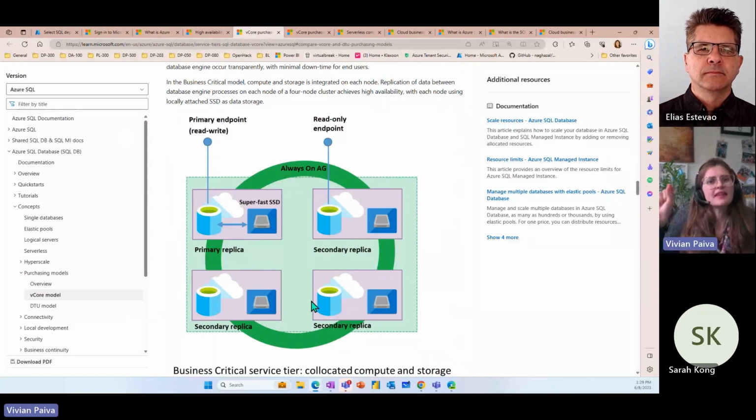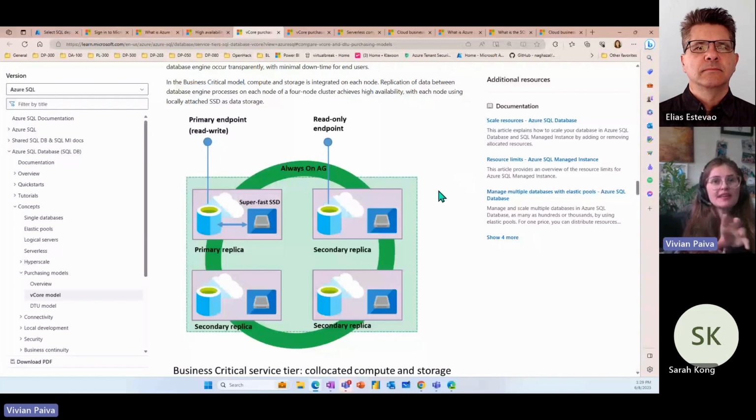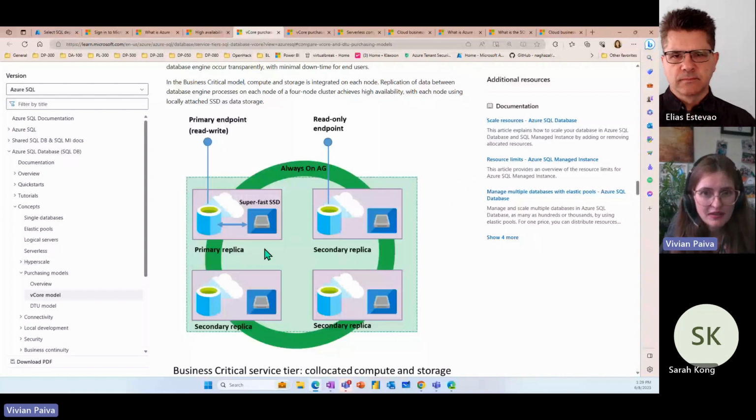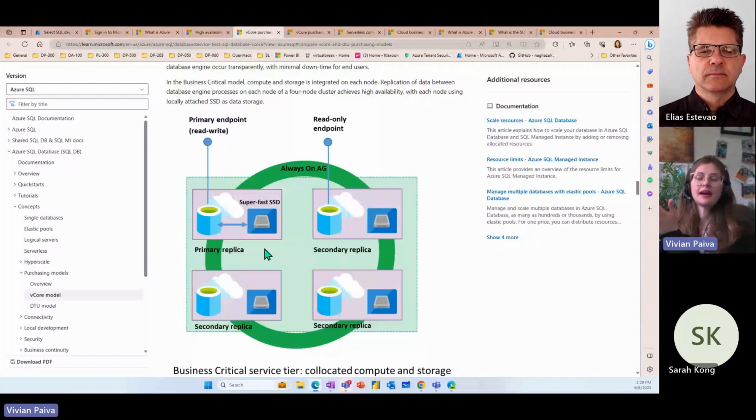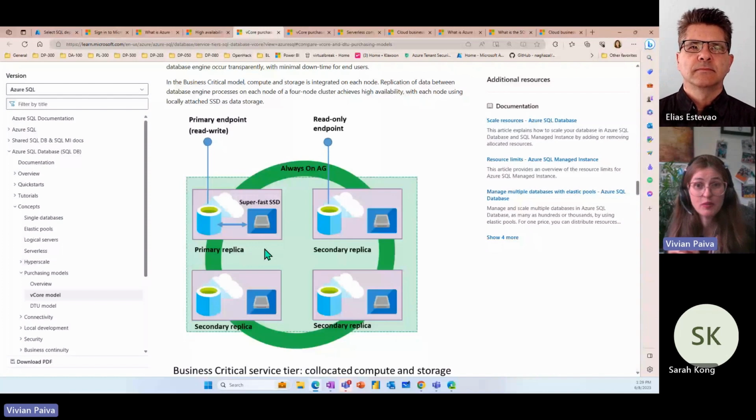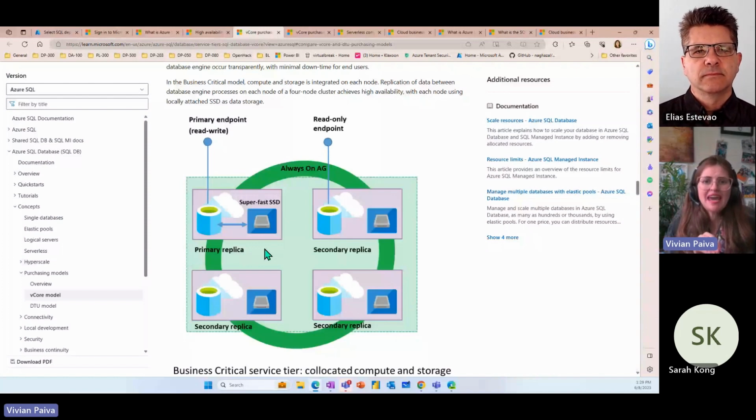There's even an option, we're going there soon, where you can choose zone redundant. So we can place some of these replicas in the same region, but in another data center. Super important to know that, because if there is a failover with business critical, that is the reason for the higher SLA: the infrastructure behind it is different from general purpose.